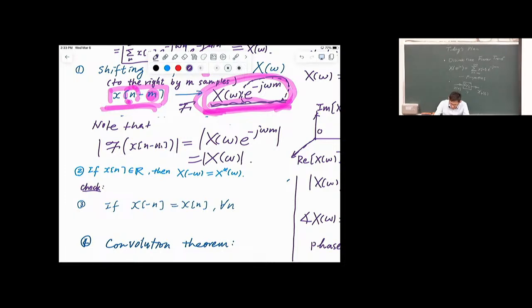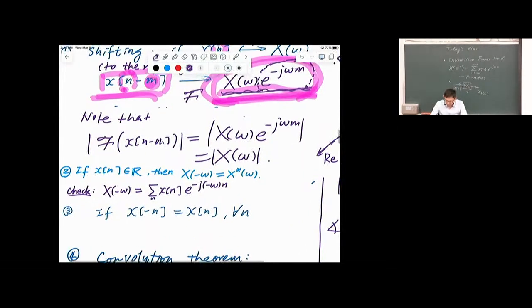If x is real, then when we evaluate the spectrum at minus omega, this is what we get. Summation over n, still copying the definition, e to the minus j, but now evaluated at minus omega n. And of course, this is equal to summation over n of x[n] e to the j omega n.